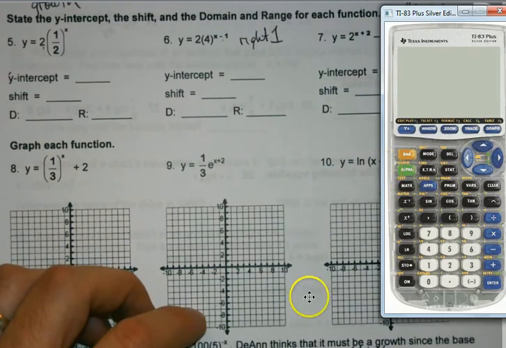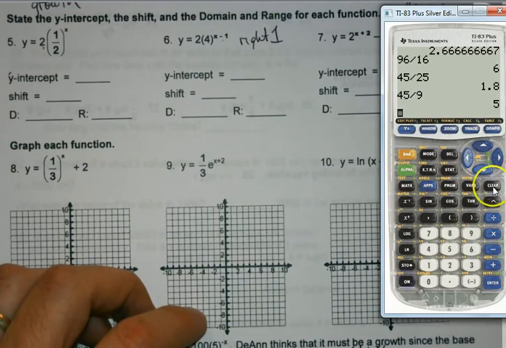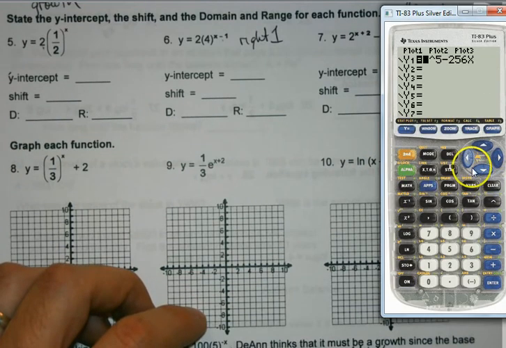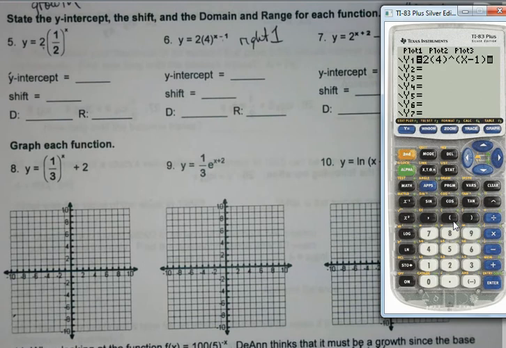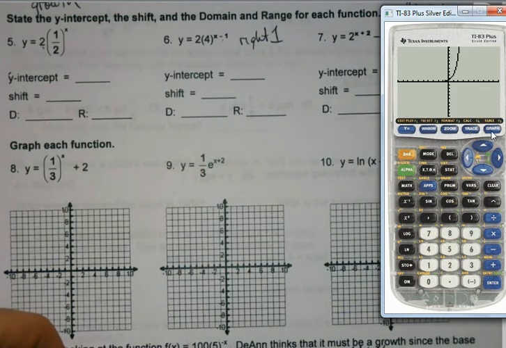So in this case, it may be wise for me to take a quick peek at what's going on here. When I'm going to make my exponent, since the -1 is in my exponent area, make sure you use parentheses. If you don't, you'll get something completely different. So when I look at this, and I say, okay, let me just look at the graph for a minute.